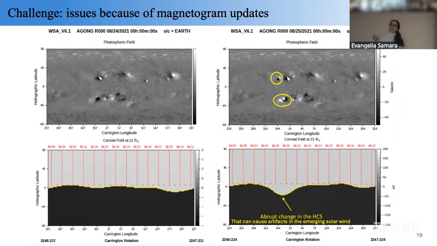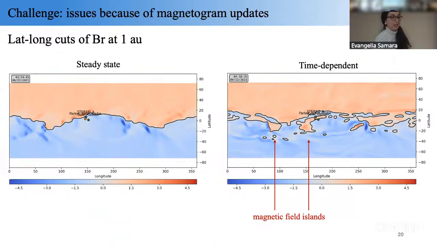But in the second case, once the active regions emerge, then you will see this sudden drop, this sudden warp. And going from the one step to the other, this is the reason that these artifacts are being generated. And to give you a better idea of what these artifacts are, I'm presenting them in this slide. These maps are the so-called latitude-longitude maps, or maps better, of the radial magnetic field, but not at the inner boundary, at Earth.